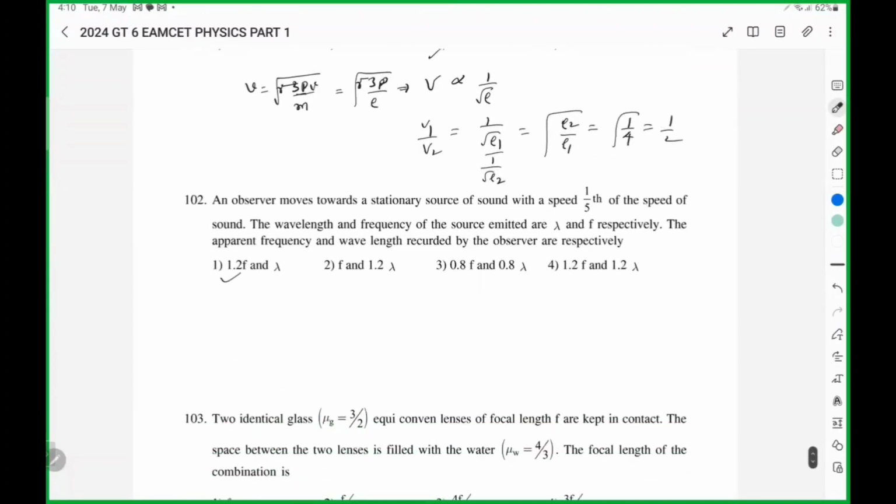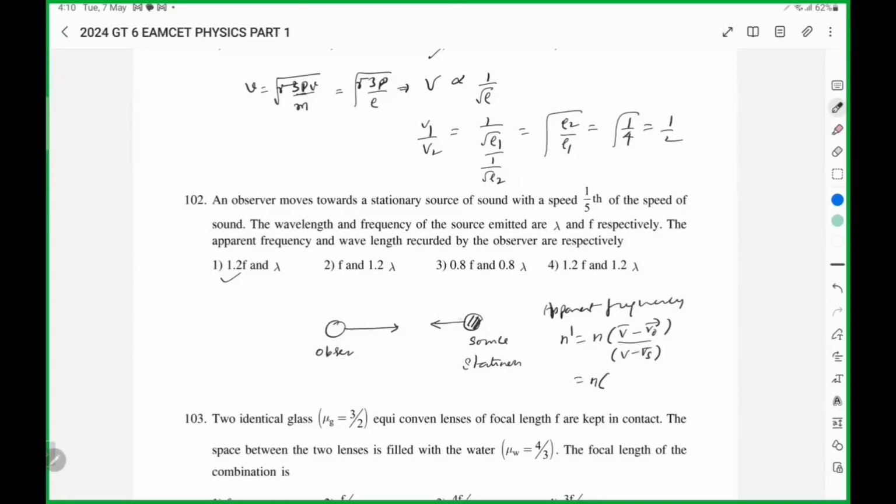An observer moves towards the stationary source, which is stationary. Observer is here, moving towards the source, so from the source he can hear sound. Apparent frequency n' equals n into (v minus v0) by (v minus vs).